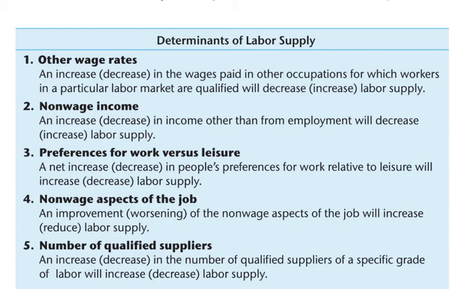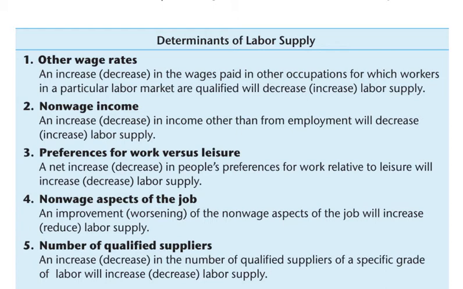Number 3, when there is a change in the preferences for work versus leisure. Let's say because of COVID-19, many people have been working from home for about 1 year now, and this has changed their preferences between work and leisure.